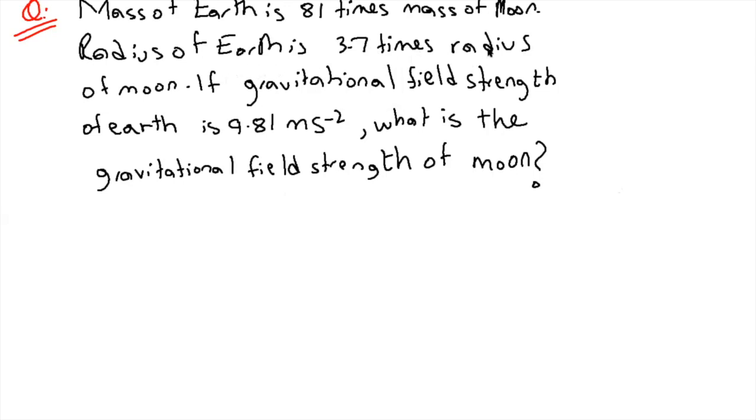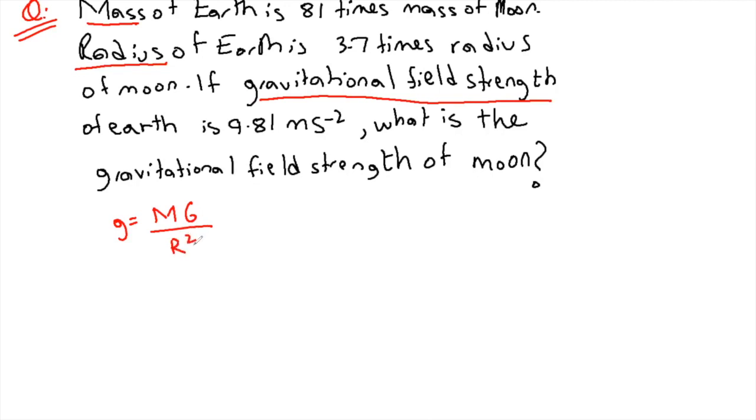Now, let's look at the question. Be very careful because I assume that most of you were confused here. We have the mass, we have the radius, and we have the gravitational field strength. In my mind, I only have one formula which has all of these, which is g equals GM divided by r squared.